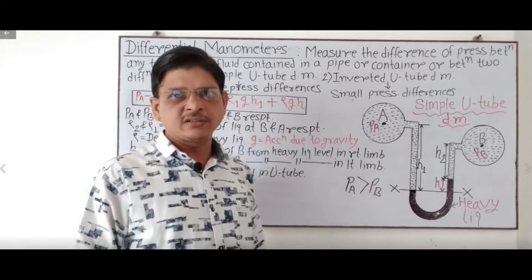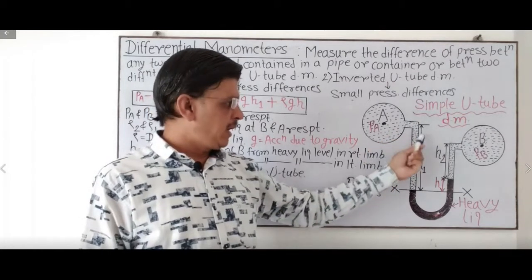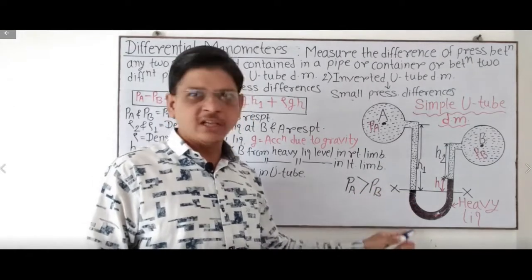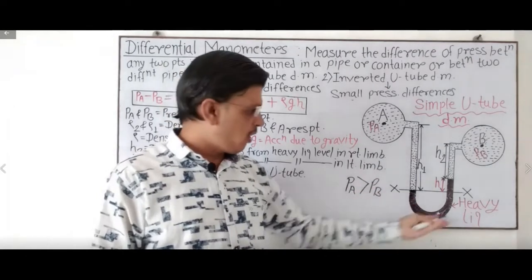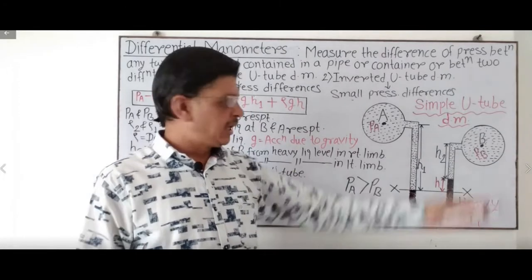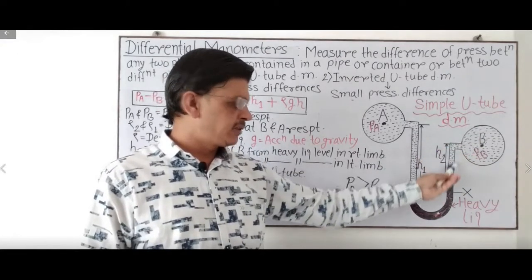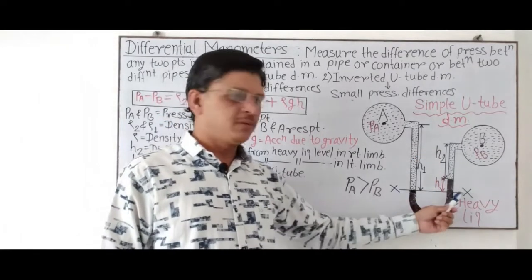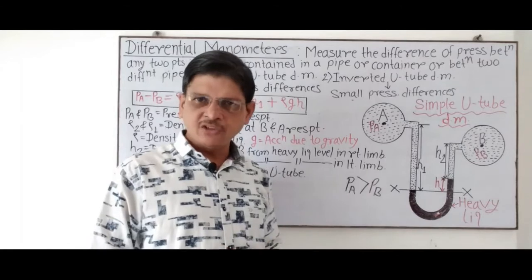As liquid enters from pipe A into the left limb, the fall of the heavy liquid takes place and the rise occurs in the right limb. Similarly, the liquid from pipe B enters into the right limb. With respect to this datum line XX, let's assume the heights.